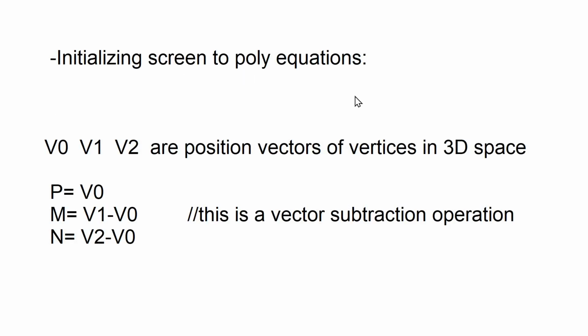Initializing screen to poly equations. We have three polygon vertices in 3D space, and we need to calculate PM and N. And this is how it's done, and these minuses here are vector subtraction.